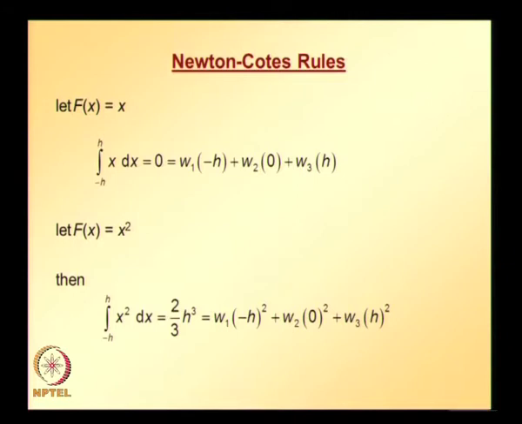Since we imposed these conditions while deriving the weights, the rule has to be exact up to quadratic, that is x square. So Simpson's rule is going to be exact for a function of order 2, that is a quadratic function.